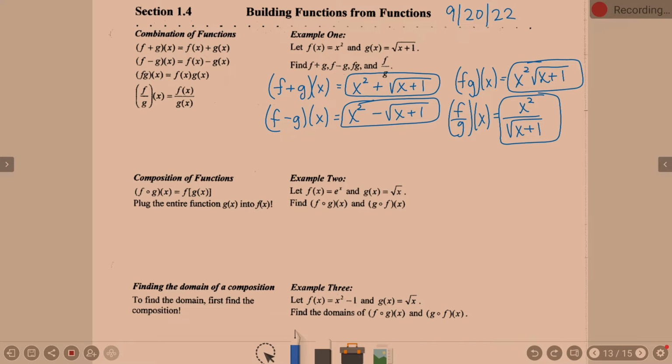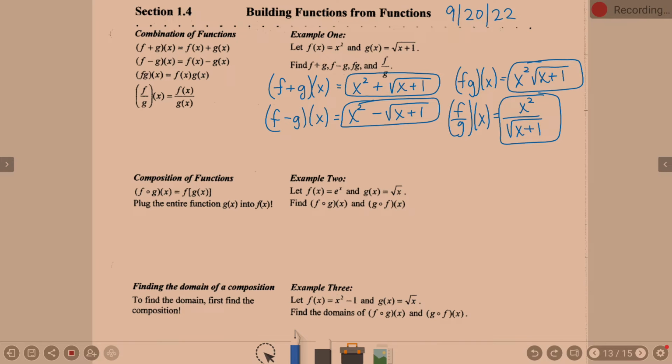Now, what could be the glitch there? The square root. Technically, are we supposed to leave square roots in the denominator? Technically, no. But there are times in upper level math they don't throw a fit about it. So if they don't throw a fit about it, we'll enjoy it. Just realize when they ask you to do these four operations, put them together. If they're simplifying, you can do it.